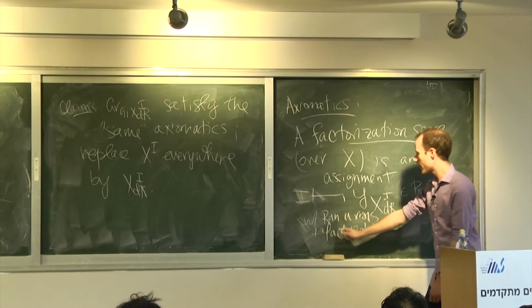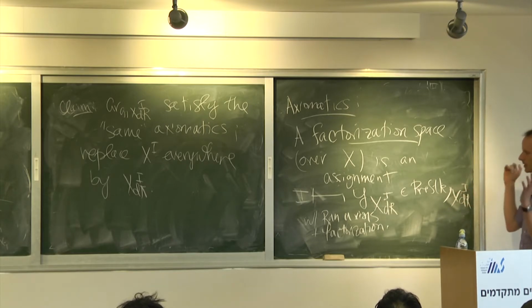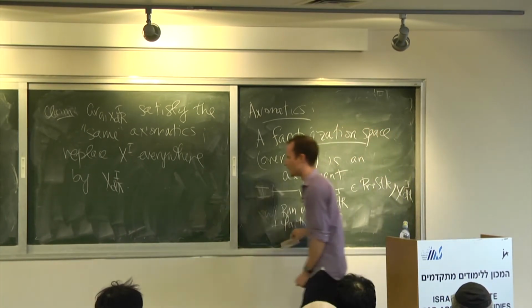And these two sets of axioms should satisfy various compatibilities. Essentially, what it says is anytime you produce two spaces over something and they have two different isomorphisms between them forced by these axioms, those two isomorphisms should be the same.